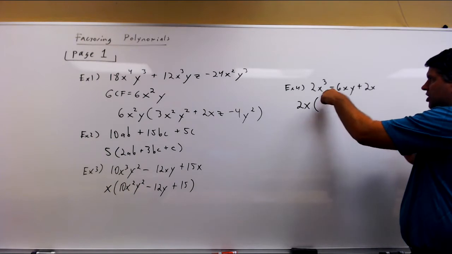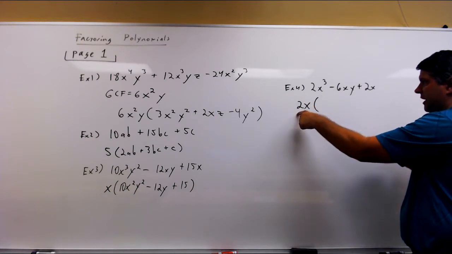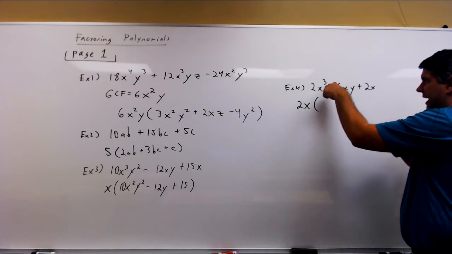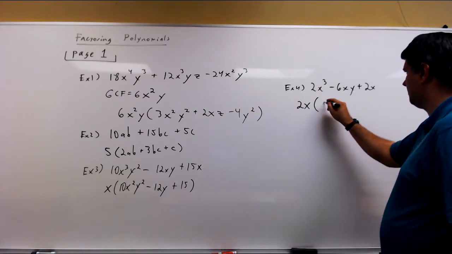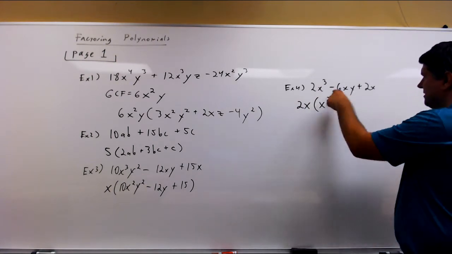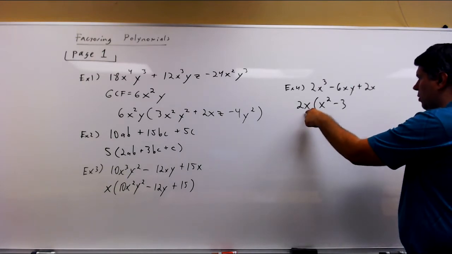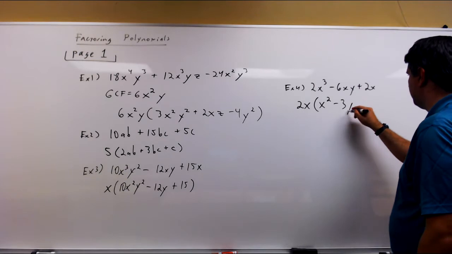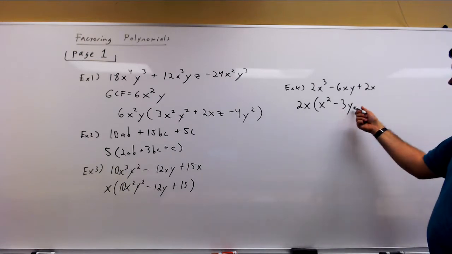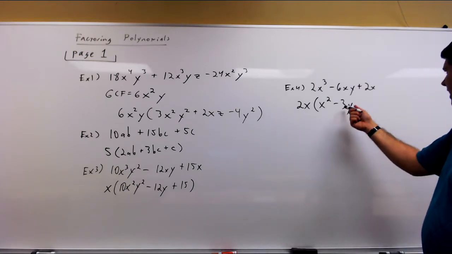So 2x cubed divided by 2x, the 2's cancel, leaving 1. 1 times x cubed divided by x is x squared. Minus 6 divided by 2 is minus 3. The x's cancel, leaving 1, and then you have your y. Okay, I don't need to write the 1 because I had other factors here.